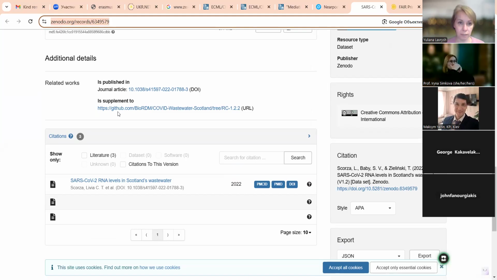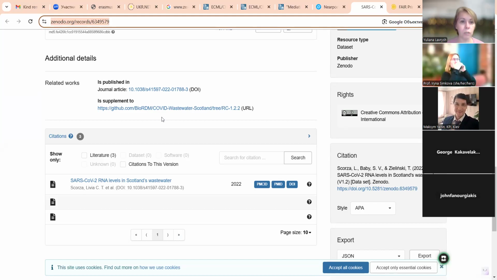We will look at it in detail later, but if you see that something is supplemented to this Git something, because we can have GitLab, github.com, there are a lot of them. So this is an open science resource. So it means that this data set is reliable, interoperable, and reusable.